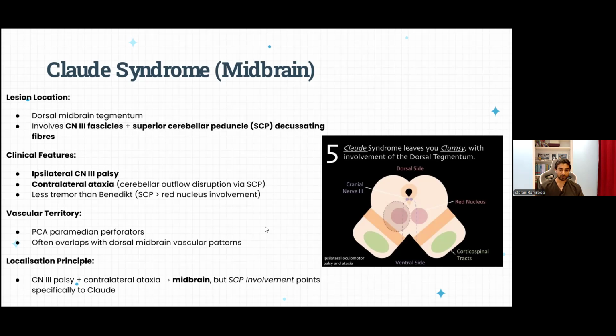The vascular territory is again the paramedian branches of the posterior cerebral artery, though the lesion is slightly more dorsal than in the other midbrain syndromes. And the localization principle here would be cranial nerve 3 palsy, which places the lesion in the midbrain, and contralateral ataxia without a significant tremor, which would suggest superior cerebellar peduncle rather than red nucleus involvement.